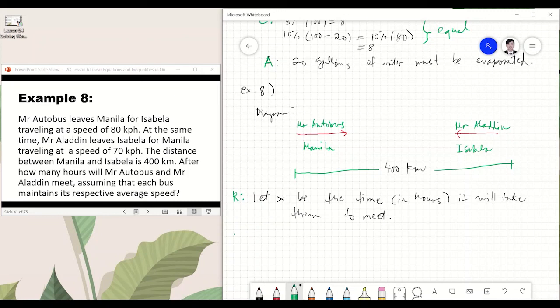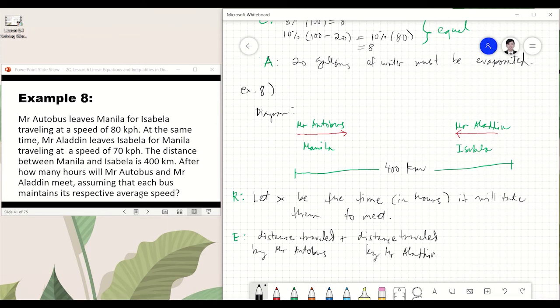Okay. Yung kasunod naman yung equation. So, paano natin makukuha yung equation? So, yung alam natin, yung mga distance nila. So, we say, kung ano man lang yung distance traveled by Mr. Autobus, kung i-add natin siya sa distance traveled by Mr. Aladdin, so ano yung makukuha natin?